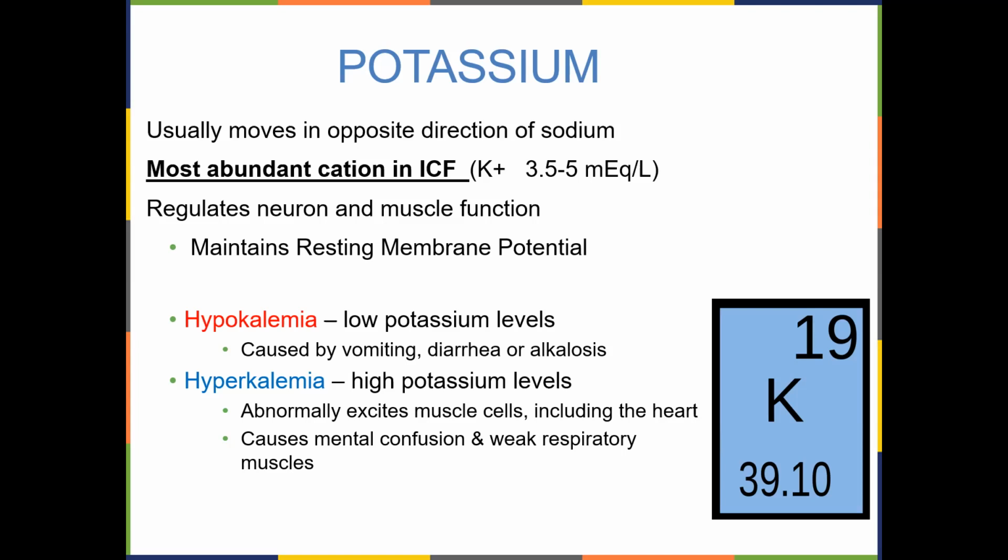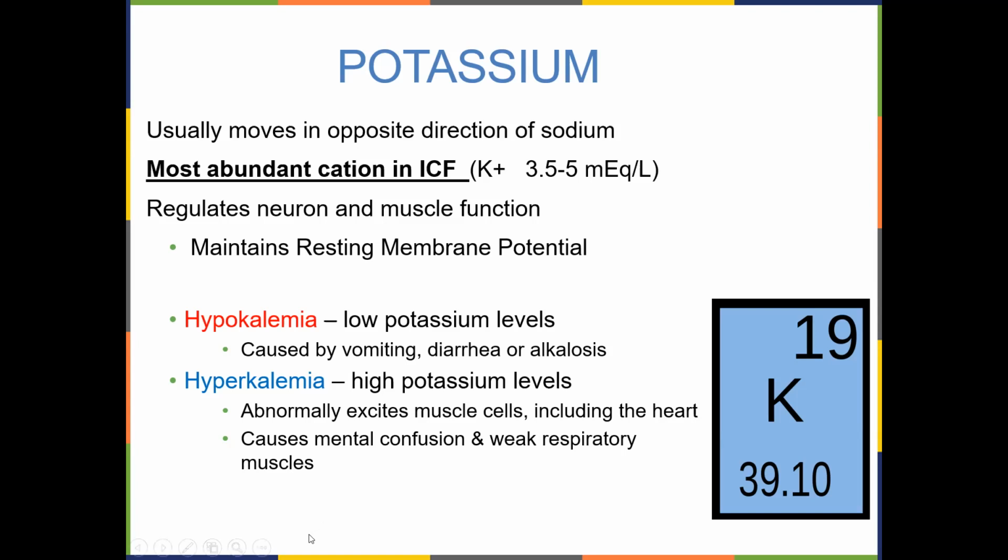If we are in very high levels of potassium, in a hyperkalemic state, likely your patient's going to be confused. They're going to have muscle twitches, maybe muscle paralysis. This is a very dangerous situation. We don't like to see our patients in a hyperkalemic state because it can kill them.